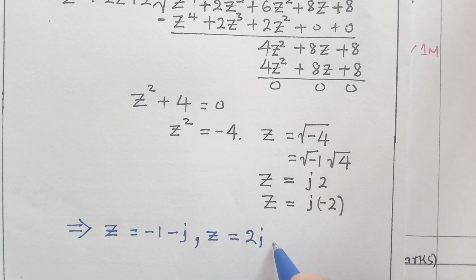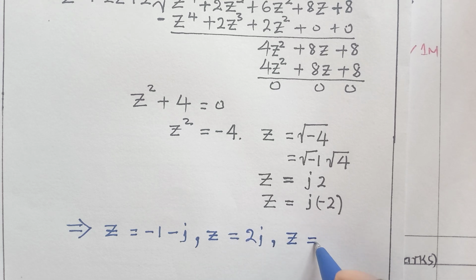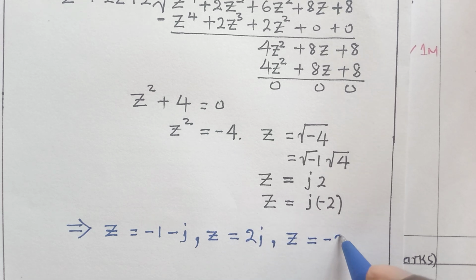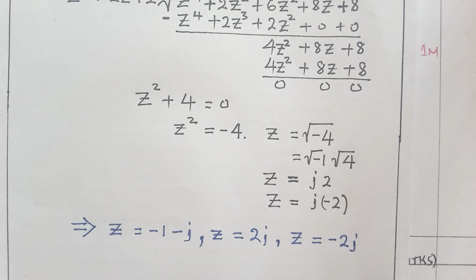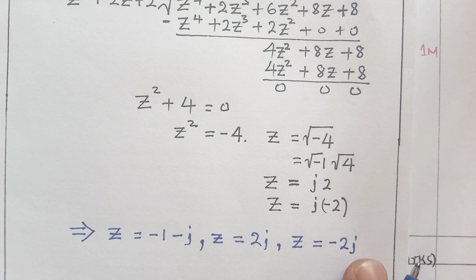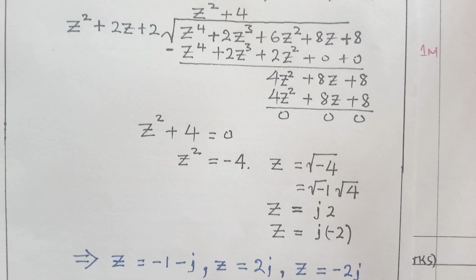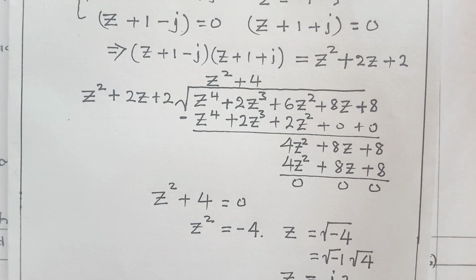And the other solution we have found is going to be z equals minus 2j. So that is our solution, guys. Of course, the other solution we were given, so they are supposed to be 4. And this is how we do it, guys. So the question is supposed to be done like that, guys.